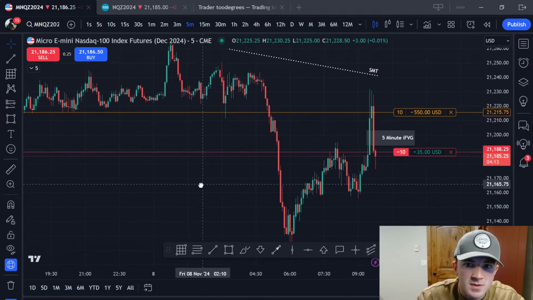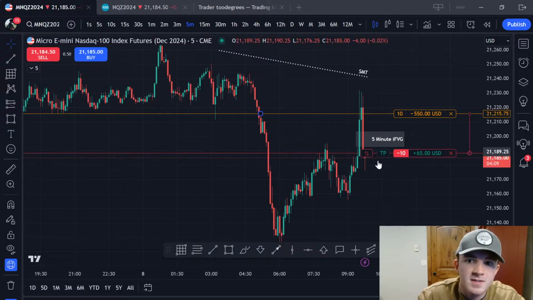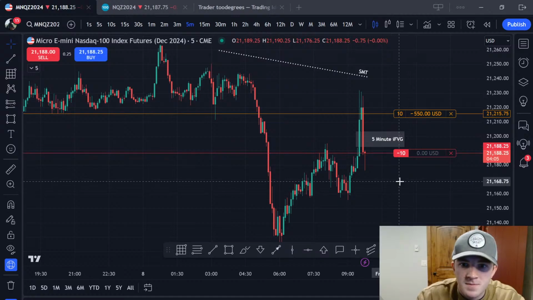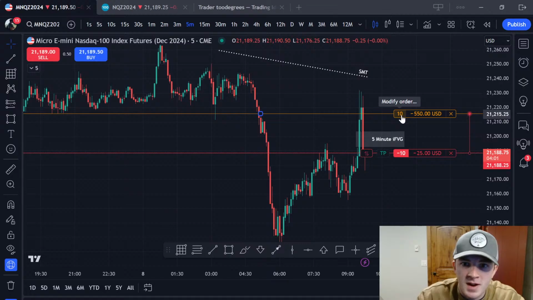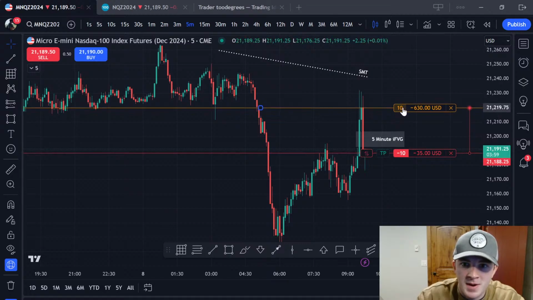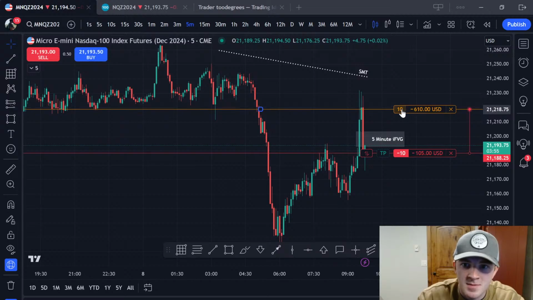Kind of don't know what I'm doing, but whatever. I never know my lot size. I wanted to risk 500, but now I can't really do that because I messed up my lot size.